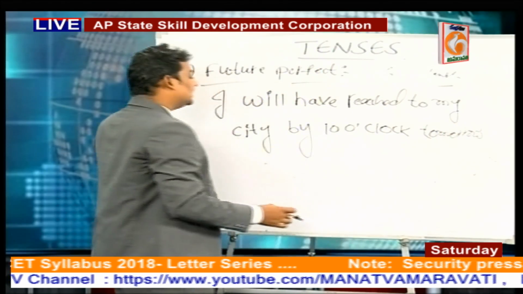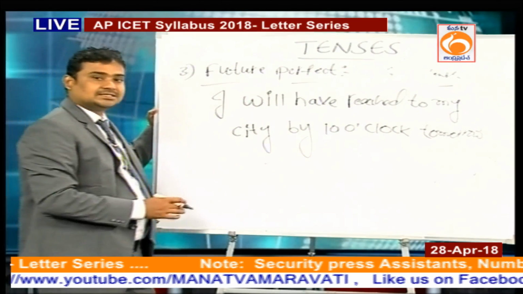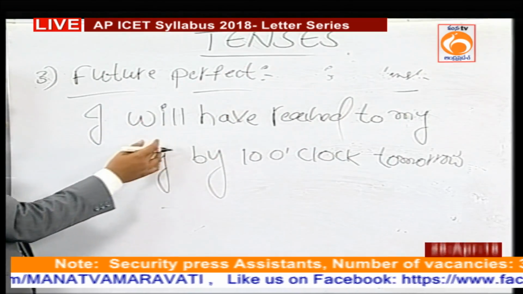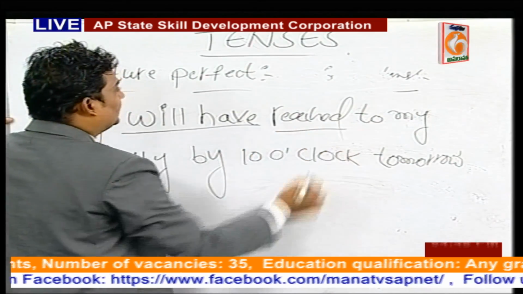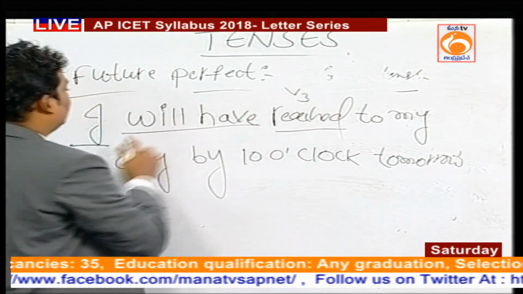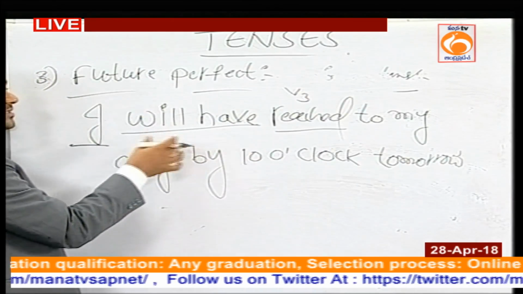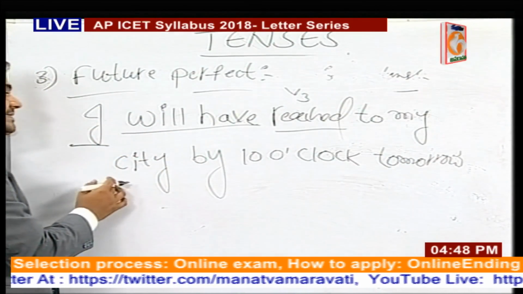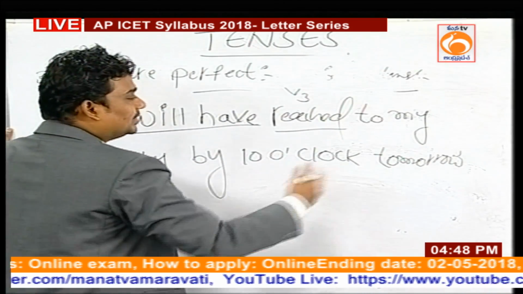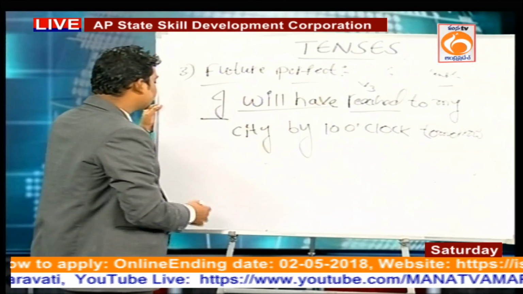You can see and listen carefully to this example. I is the subject, will have, and reached, the V3 form. Either will have or shall have we should use here. So, future perfect tense: I will have reached to my city by 10 o'clock tomorrow. Okay, one more example.